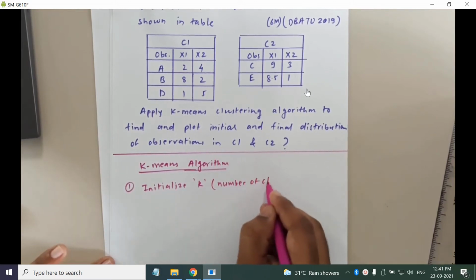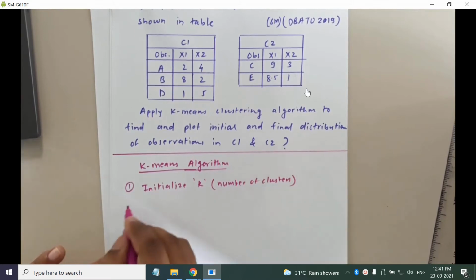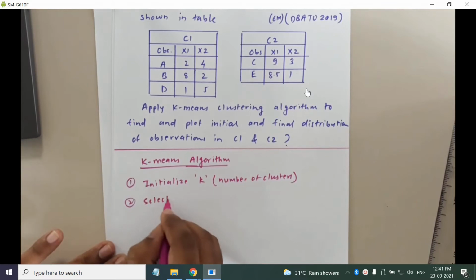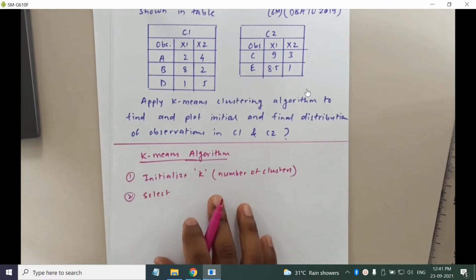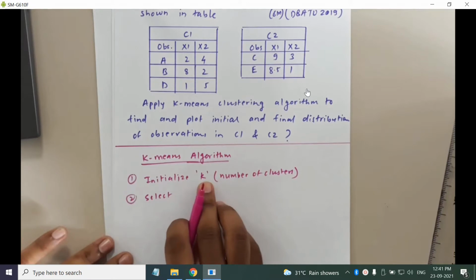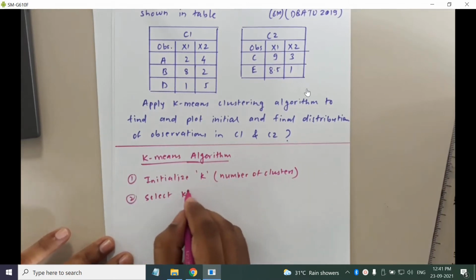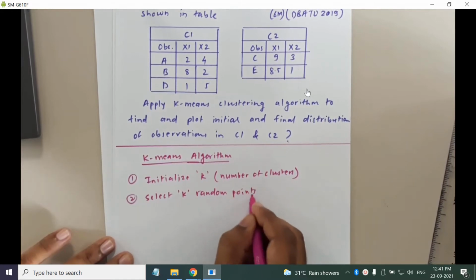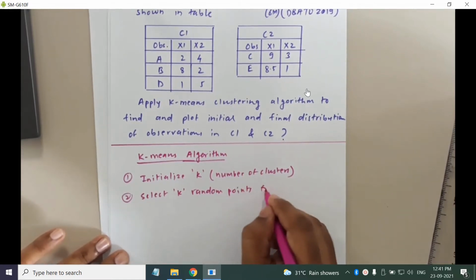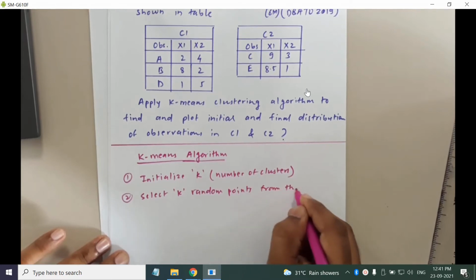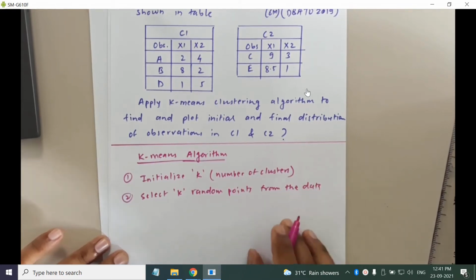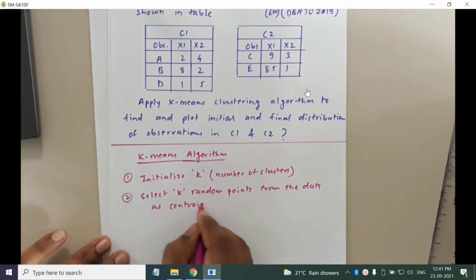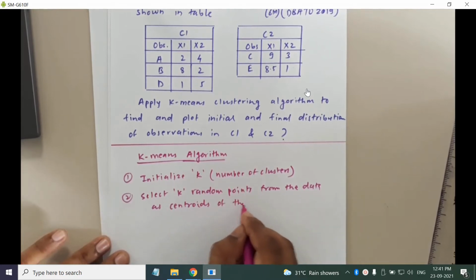Second, once you set the value of k, you select k random points from the data and treat them as the centroids of the clusters.